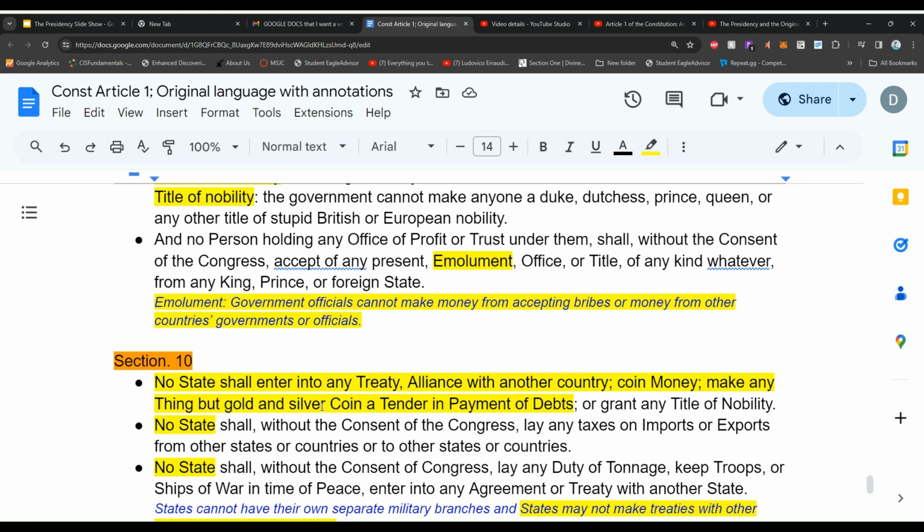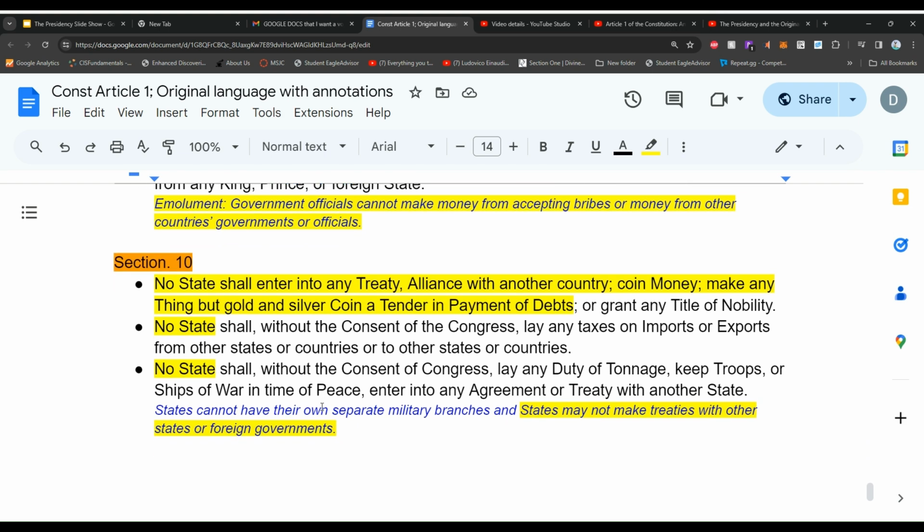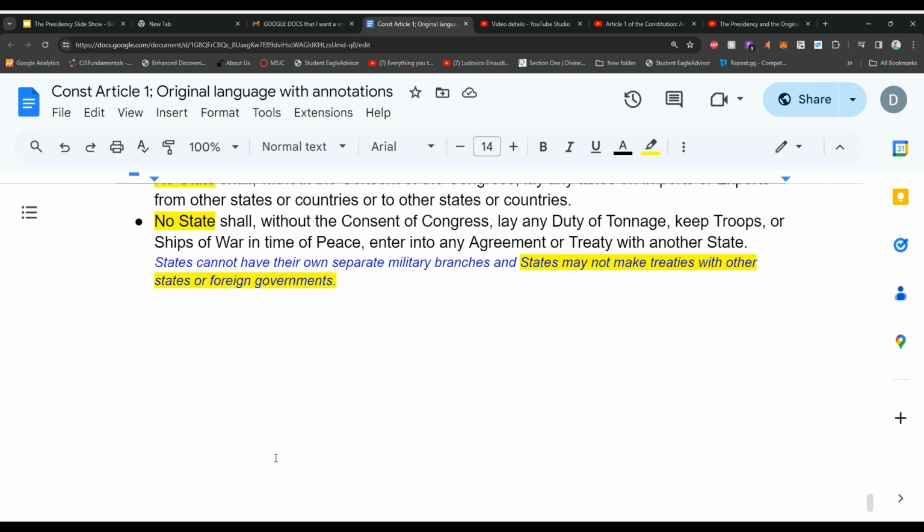That means you can't make money from your office as president or Congress. You cannot make money by people giving you bribes or gifts. And all Section 10 does is say that states may not do those three things. All right. So I'm pretty sure that was a pretty good overview of Article 1 and the Congress.